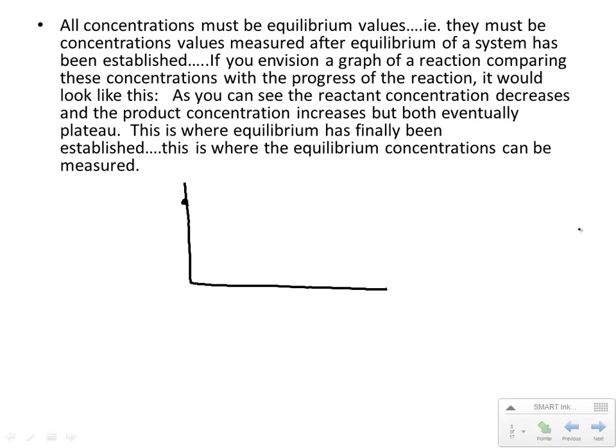But as the reaction proceeds, the concentration decreases and then slowly plateaus. The products, on the other hand, start at 0, but as the reaction proceeds, their concentration increases until they plateau. In this way, you can see that there's this point at which both lines have plateaued, and this is where equilibrium exists.